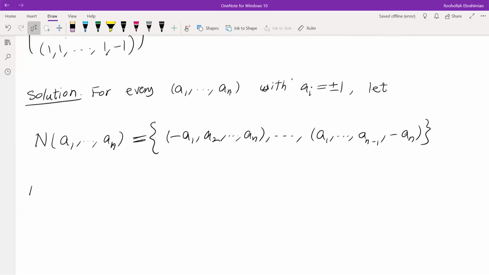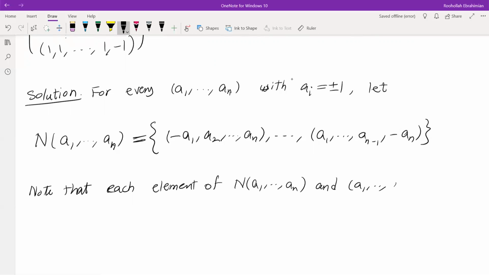So now, note that each element of the neighbors of A1 through AN and A1 through AN differ at precisely 1 coordinate.